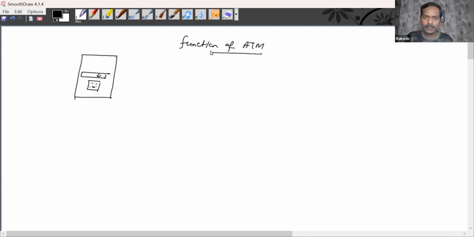Our answer would be: the function of an ATM machine is to give cash depending upon the input provided, after checking the relevant information and other conditions. So the function of the ATM is to give cash. But what is the input provided? The input is provided on the keyboard.